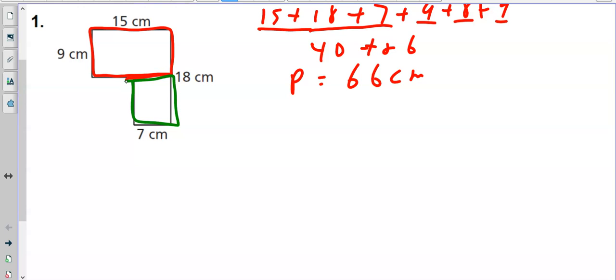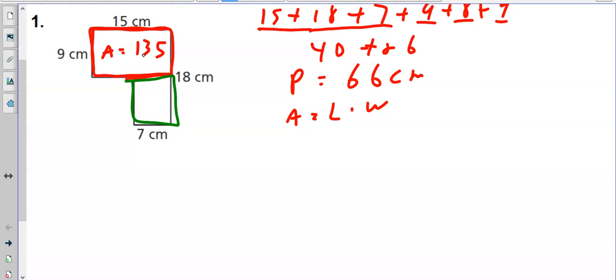If we look at this box, the red one, area is length times width. The length and width of this is 15 by 9. So the area of this piece is 9 times 15. So that's 135.